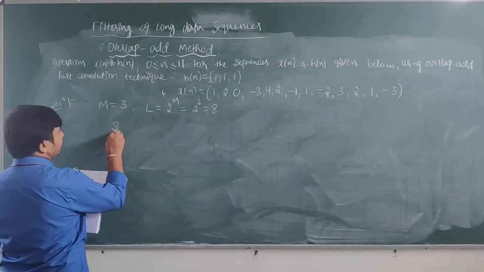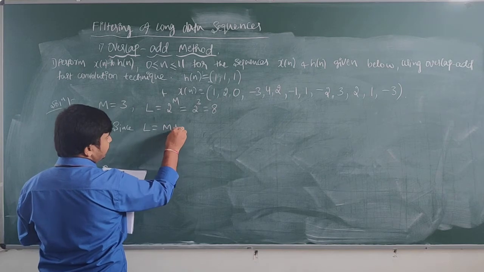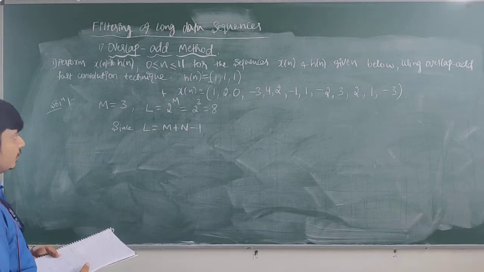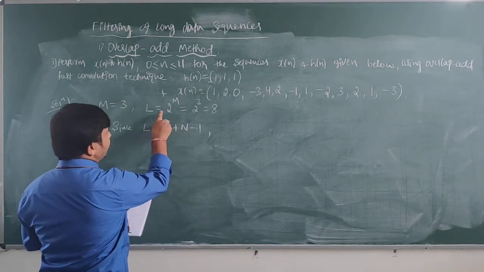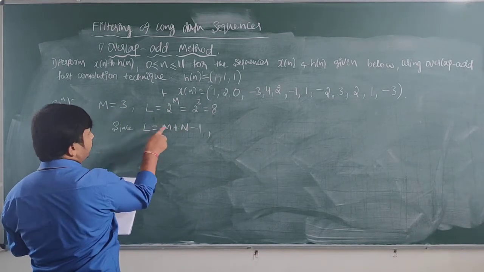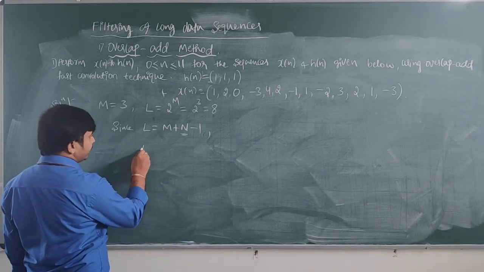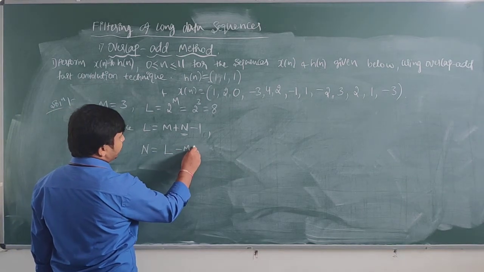Since we know that L is equal to m plus n minus 1, I know L, I know m, and I don't know n. So find n. n is equal to L minus m plus 1.